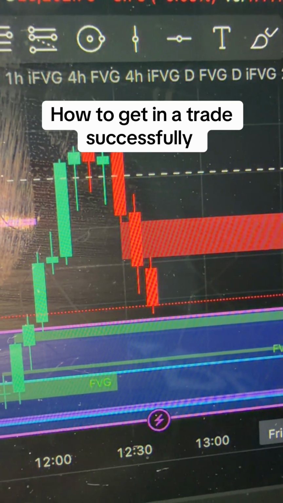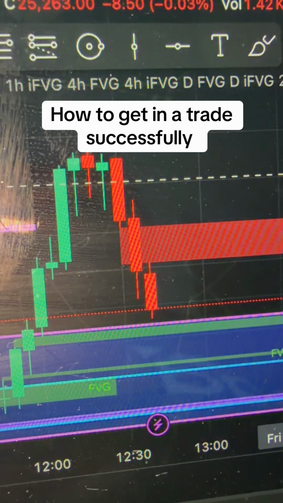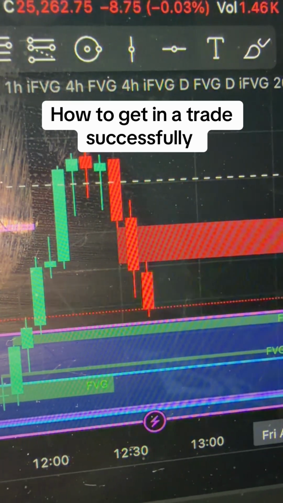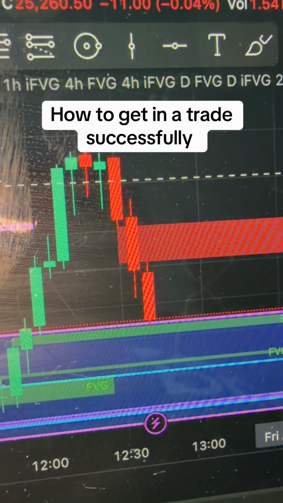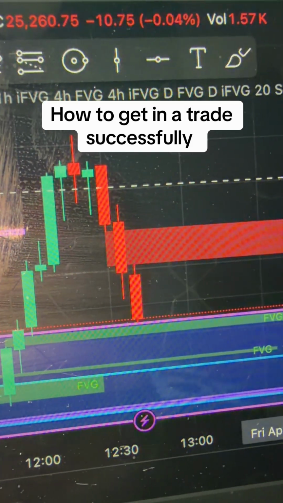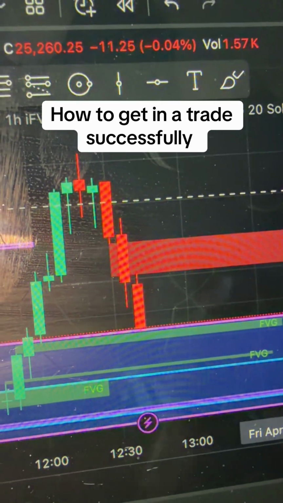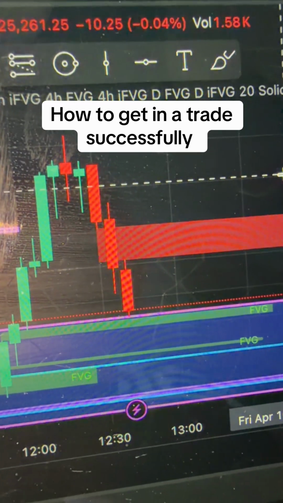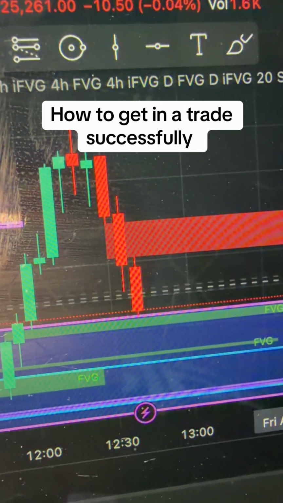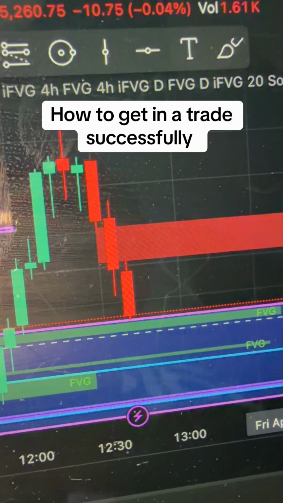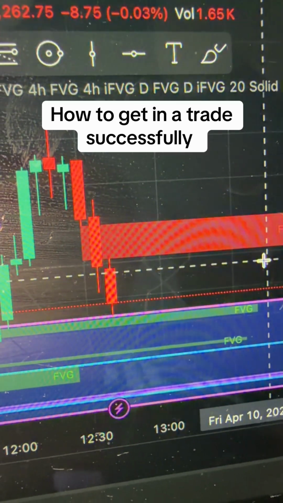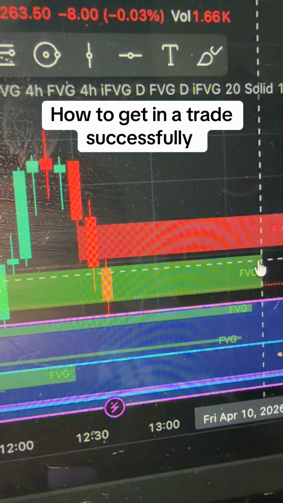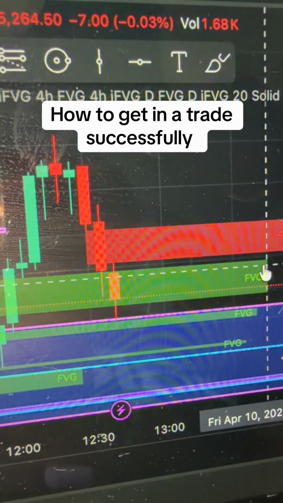And today I got into two trades. Both of them were successful, yay. And they were all done because of my following the strategy. So it has tapped the zone. Let's watch to see what it does. Now, if you were taking an aggressive trade, you would have taken that trade now.